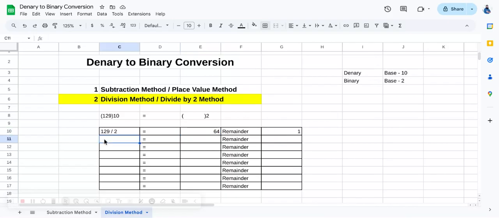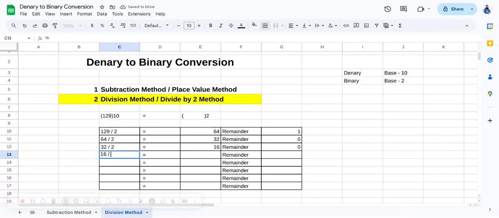Moving forward, in the second step we use the number that we have gotten after the calculation. 64 divided by 2 gives 32. When we get 32, there is no remainder, so we write 0. Now we deal with 32 divided by 2, we get 16, and we write 0 because there is no remainder.